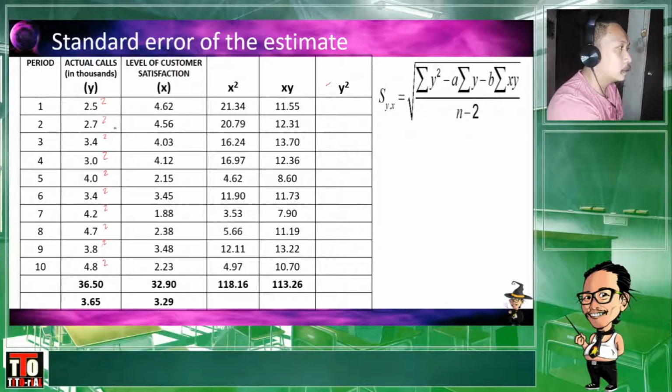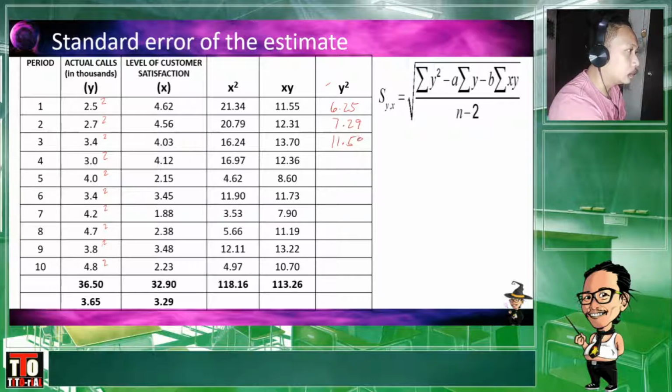So, let's try this. The squared value of 2.5 is 6.25. Okay? Next, the squared value of 2.7 is 7.29. Next, the squared value for 3.4 is 11.50.